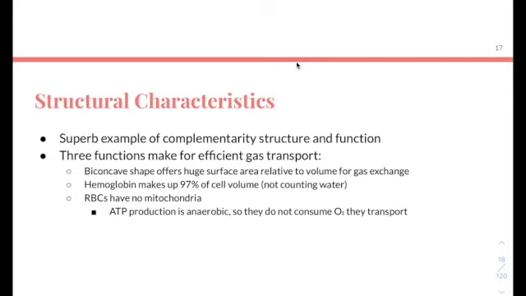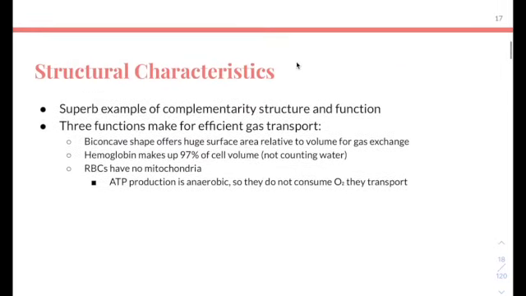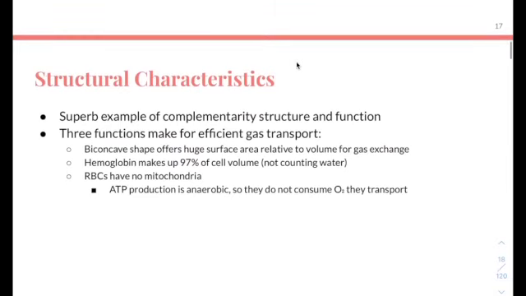They have no mitochondria, so they produce anaerobic ATP, if you remember from A&P 1 how that was done. The oxygen that red blood cells carry around, they do not use. They just transport it. They don't use it to create ATP. So they have to use the anaerobic pathway, which only creates 2 ATP per glucose molecule.